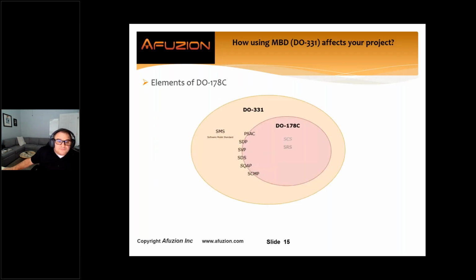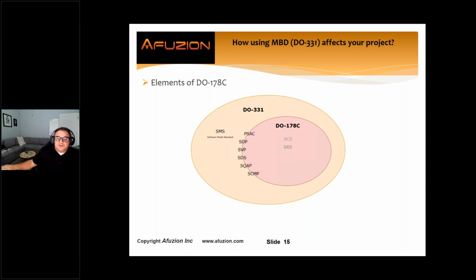If we look at this from a Venn diagram perspective, or just from a pictorial perspective, you can see that DO-178 includes all of these elements, as well as your software code standard and your software requirement standard, which will remain unchanged. But along the edge here, you'll definitely have to make changes, whether you have an existing design or you're doing a new design.